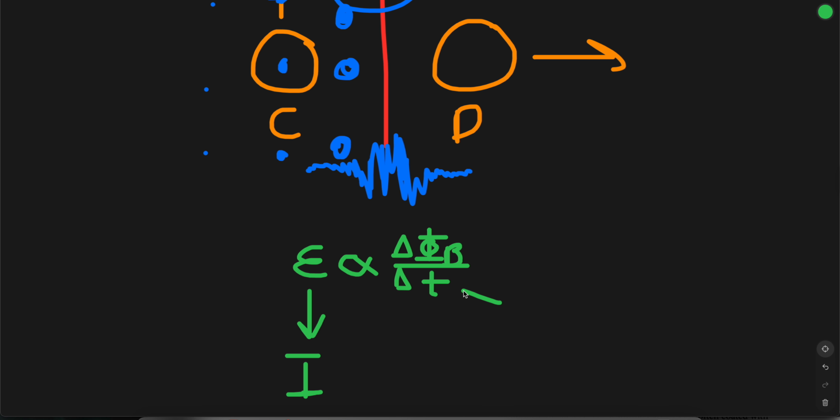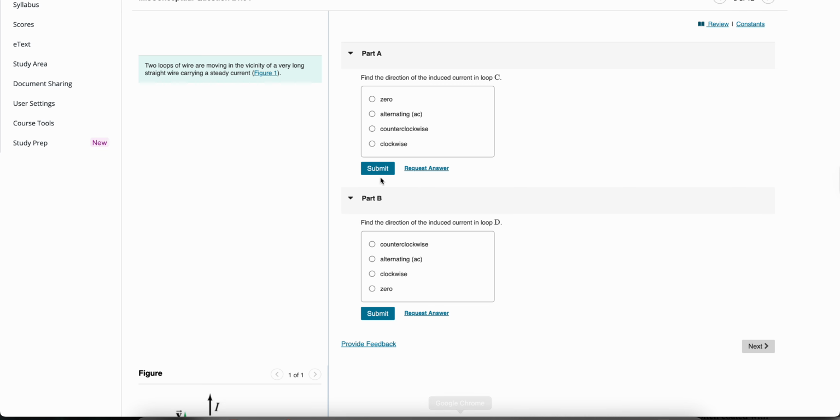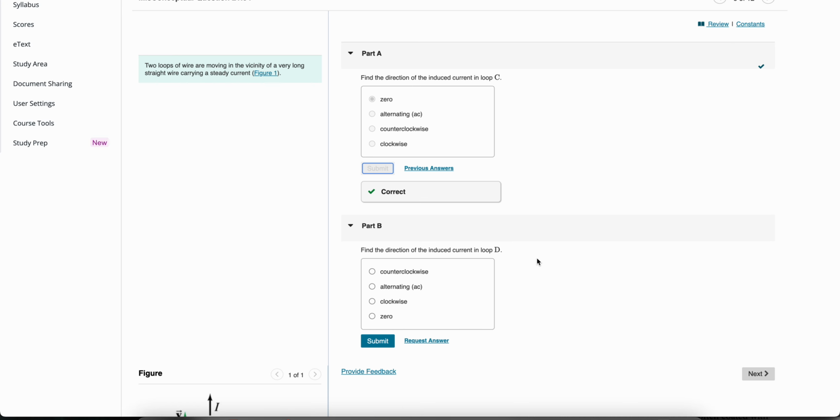Well, time is changing, but the flux stays consistent, and the final flux minus the initial flux will cancel to be 0, and thus the EMF will be 0, and thus no current. So through C, there's going to be 0 current.